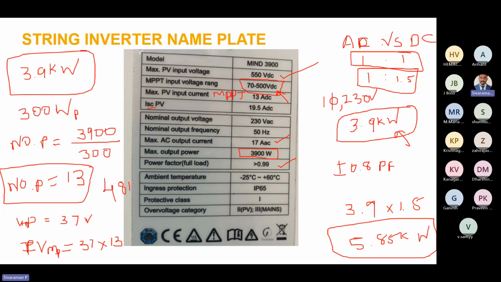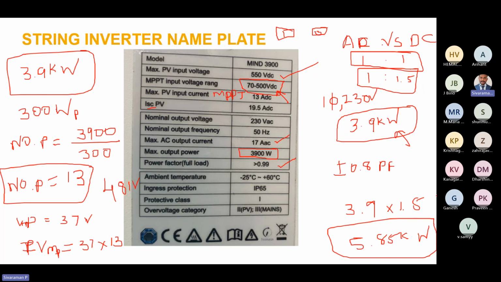This is the voltage when we connect all 13 panels. This will be panel 1, and this will be panel 13.